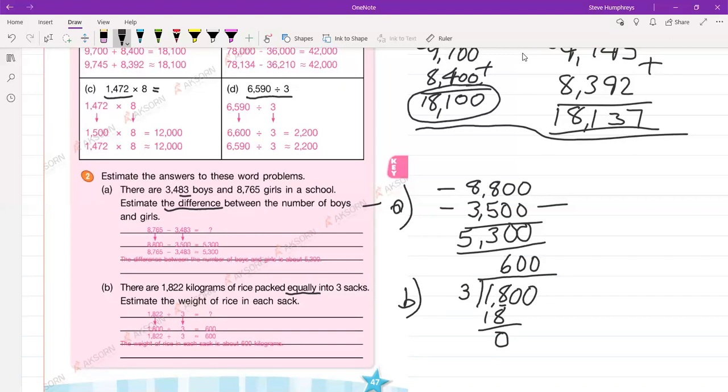So, estimate the weight of rice in each sack. The word problem.